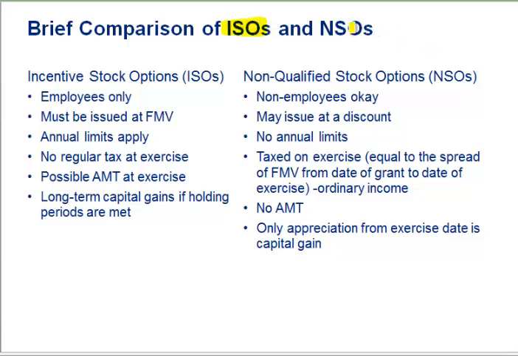Okay, so this slide is comparing ISOs and NSOs. ISOs, incentive stock options. The idea behind an incentive stock option was, wouldn't it be great to incentivize an employee to get this equity instrument, and if the stock went up, that they could be treated as basically receiving capital gain income, as long as they were invested in the company like any other investor would be.